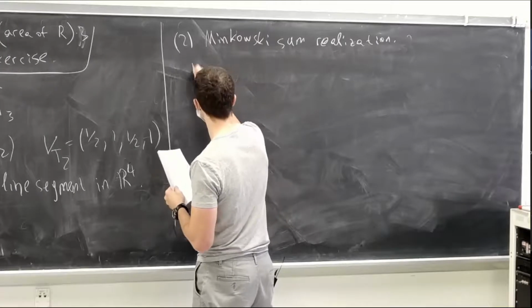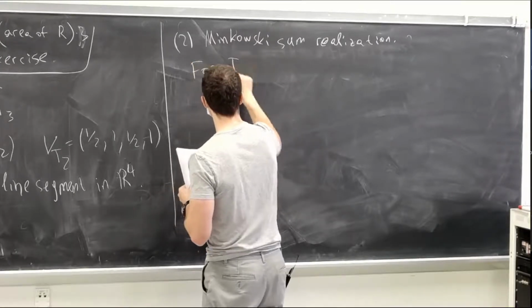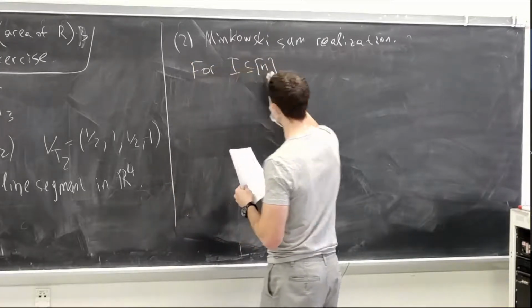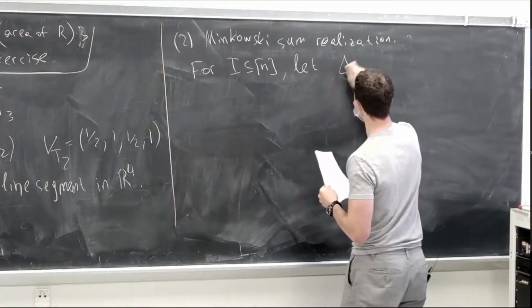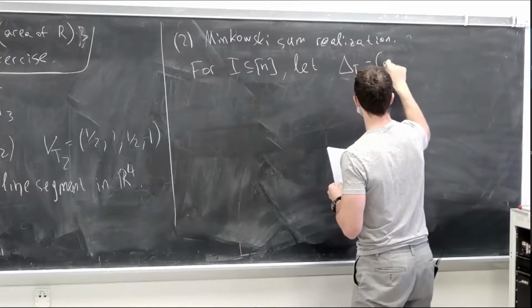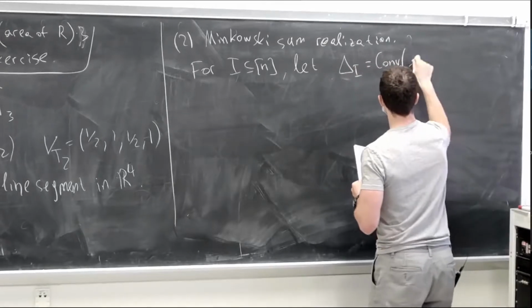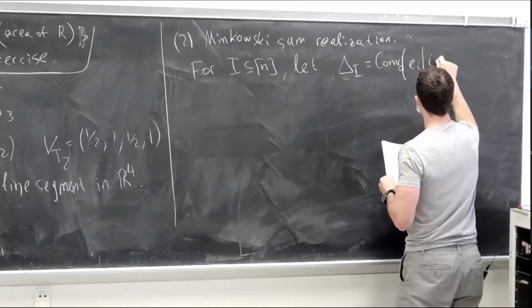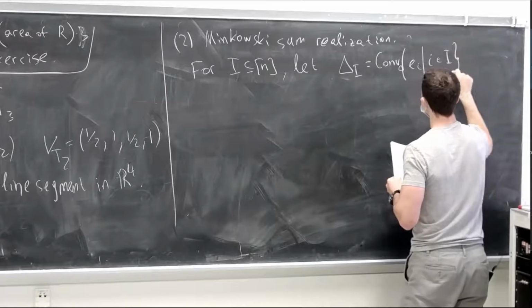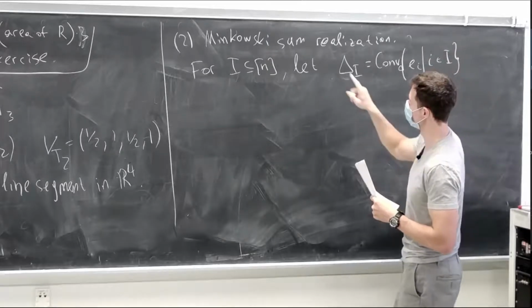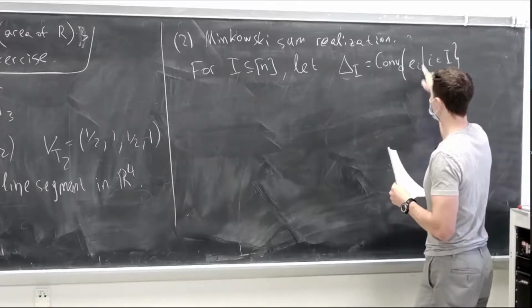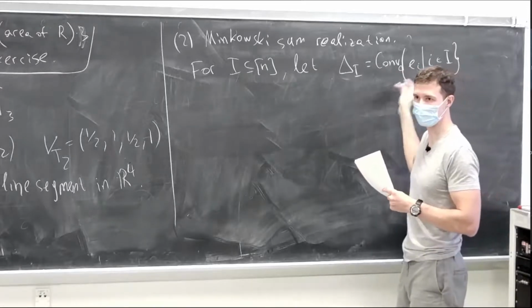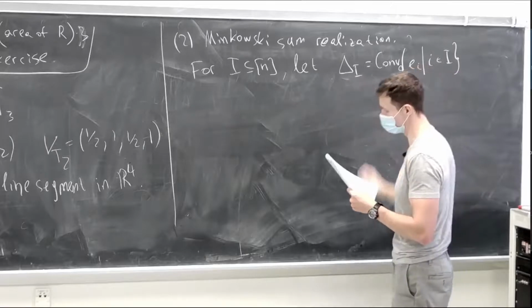So let's say I have some set I, a subset of [n], then let me define the corresponding simplex, delta sub I, to be the convex hull of the corresponding basis vectors. So I have a simplex with n vertices, and then I'm choosing a subset of vertices and taking the corresponding face of the simplex. These are going to be my objects.